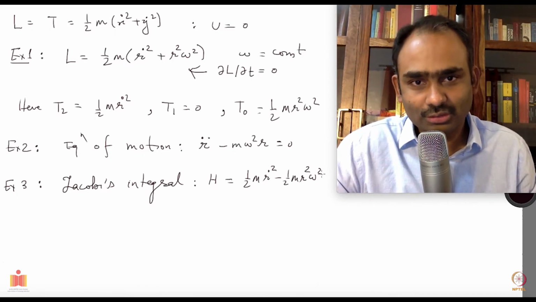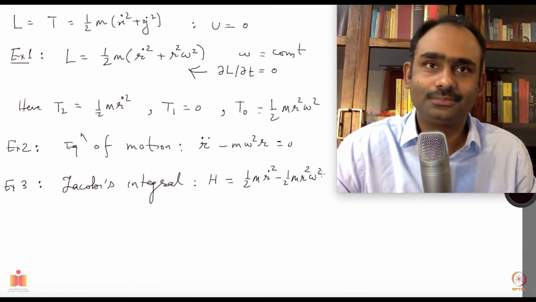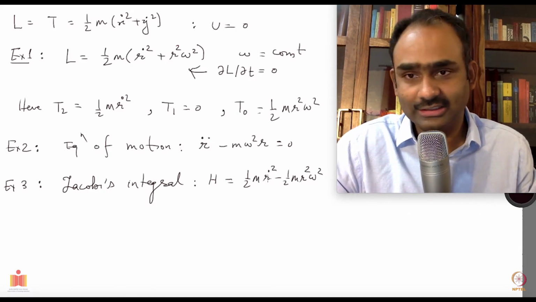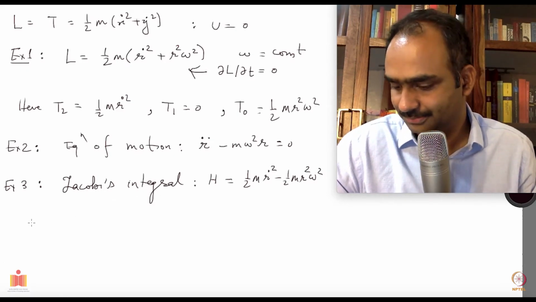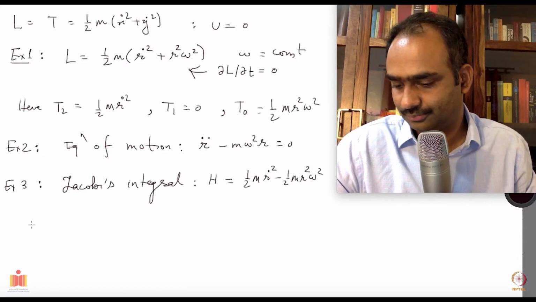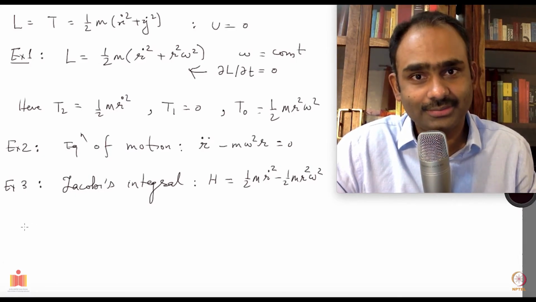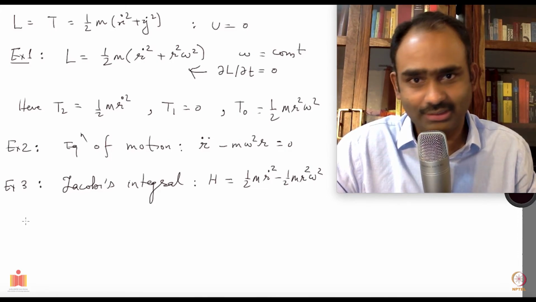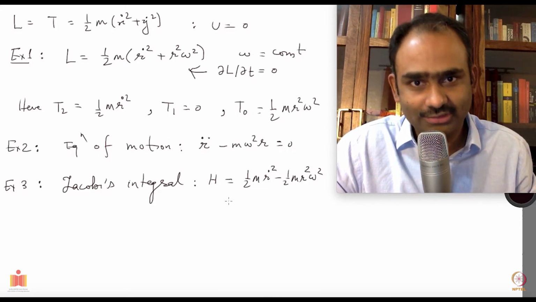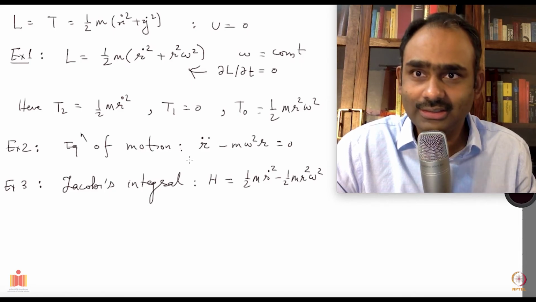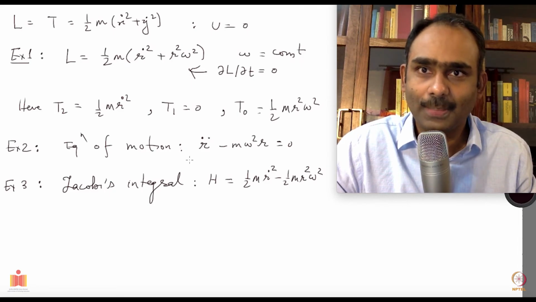Is it equal to the total energy of the system? Okay, does it equal the total energy of the system? What do you think? And is H conserved? So these are the two things. Now H is not the total energy of the system, because your total energy was purely kinetic, which was here.